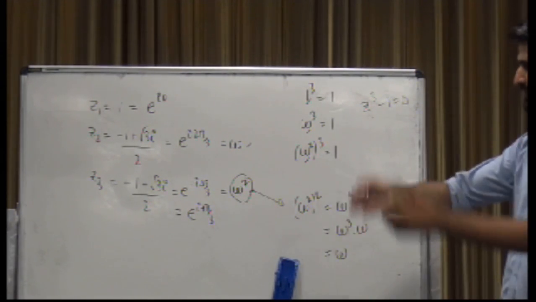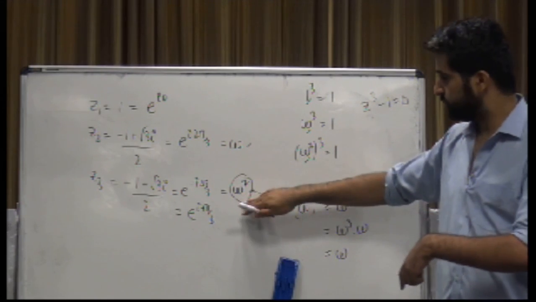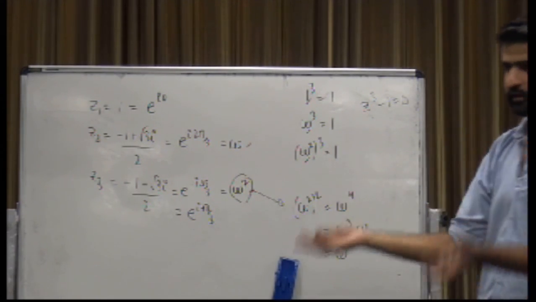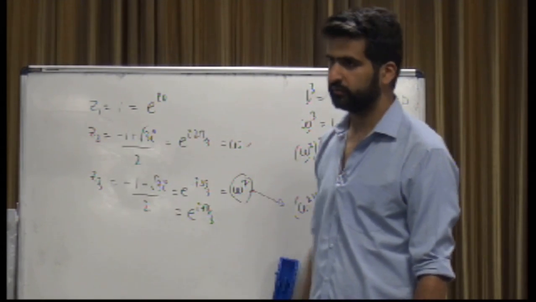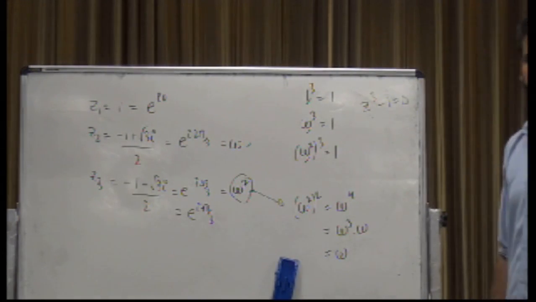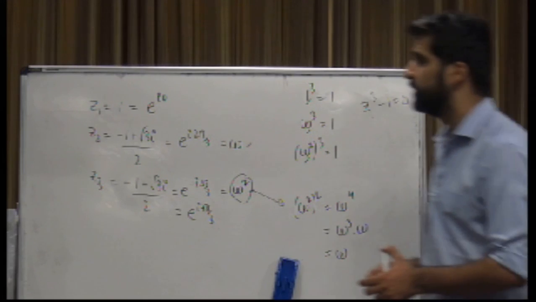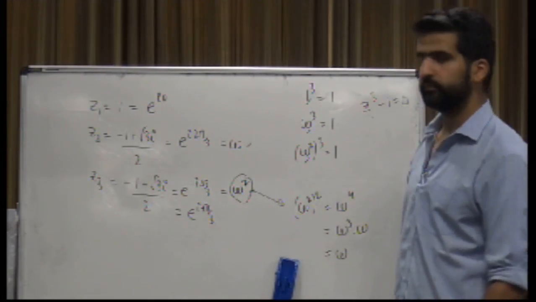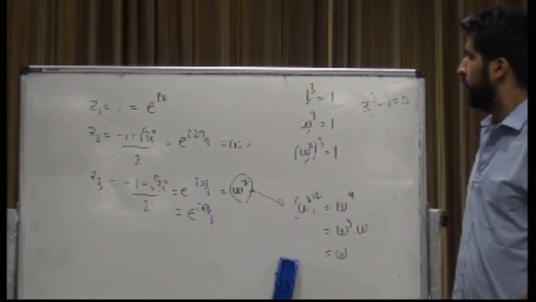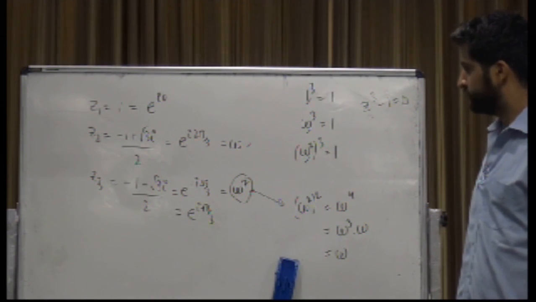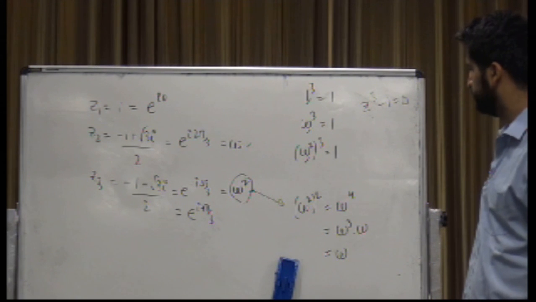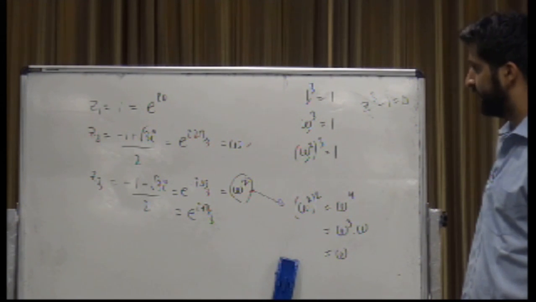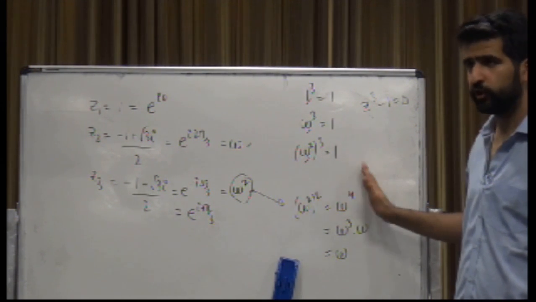So omega squared gives omega square, and omega square squared gives omega. If you square one, you will get the other. Understood? We'll draw the diagram once again, so don't worry. These are the 3 complex cube roots of unity. Any doubt till here? Sure?